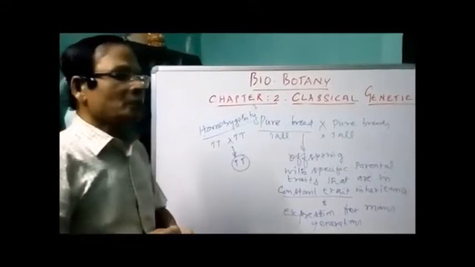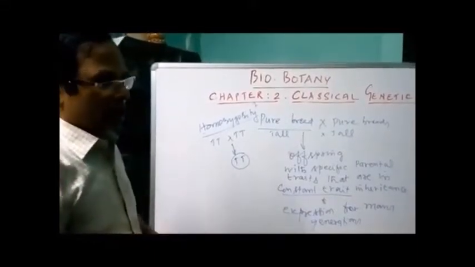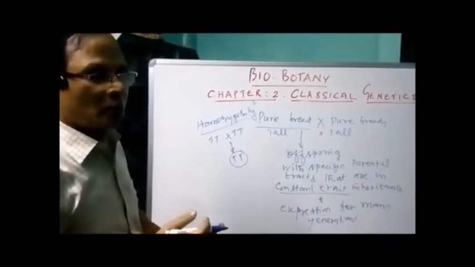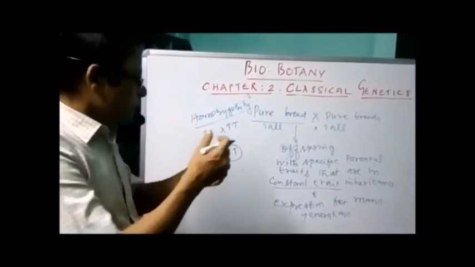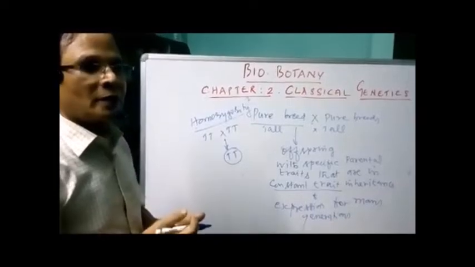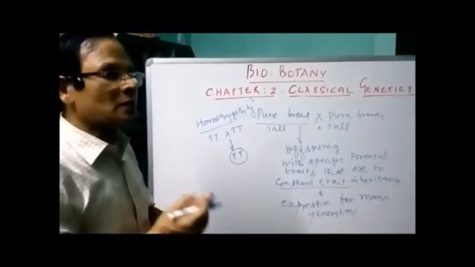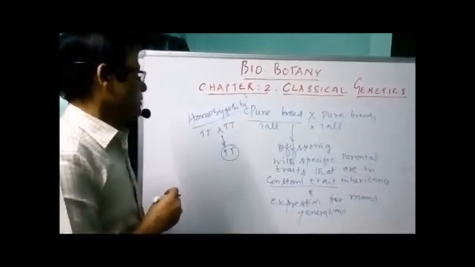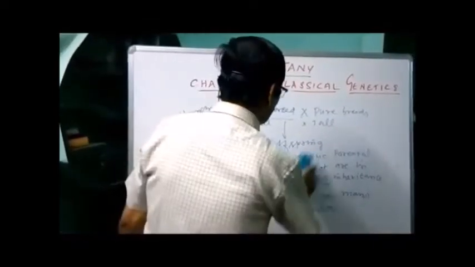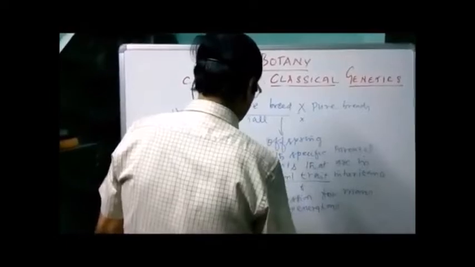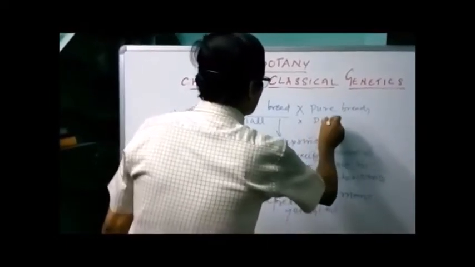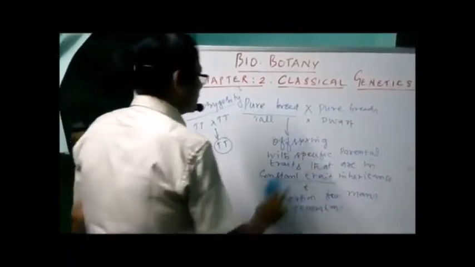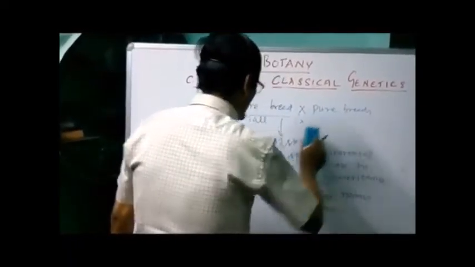Now, the fusion of male and female gametes from the same individual, that is pollen or ova derived from the same individual, is called self-fertilization. So here, for example, we are taking a pure breed tall and a pure breed dwarf. This is actually called cross-pollination. In self-pollination, we are taking two tall plants.